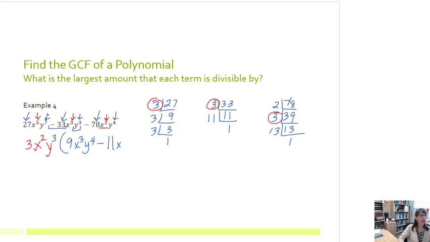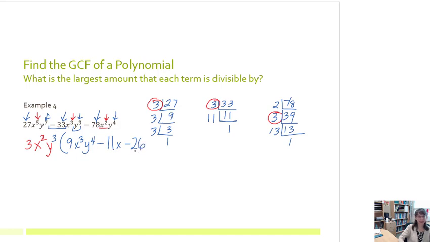For the last term, we have 3. We're trying to match a negative 78. So I know it's going to be subtraction again. 3 goes into 7 2 times, leaving 1 left over. So 3 goes into 18 6 times.